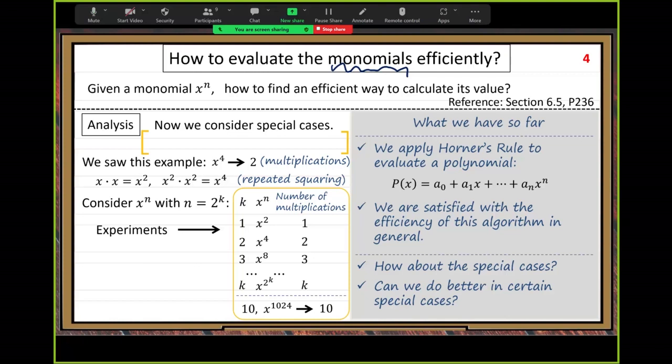Just one fewer, k minus 1, because you do not need to consider the leading coefficient. The leading coefficient is 1, so that multiplication can be saved. You only save 1, so 1023. See the huge difference. With this technique, you only need 10 multiplications. With Horner's rule, 1023.